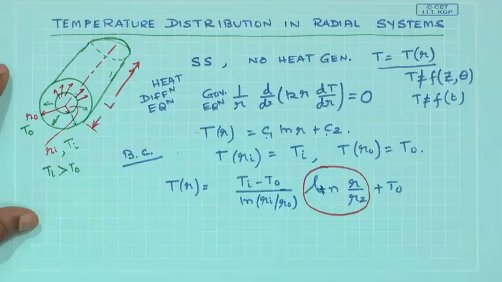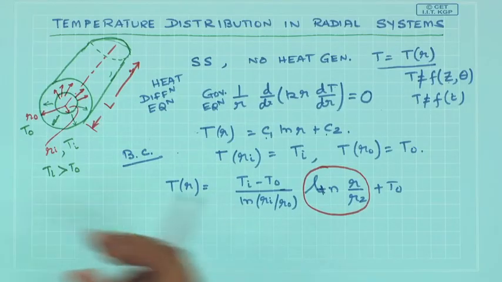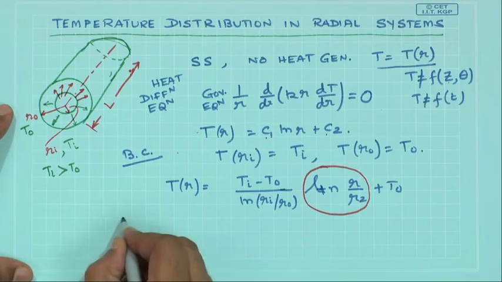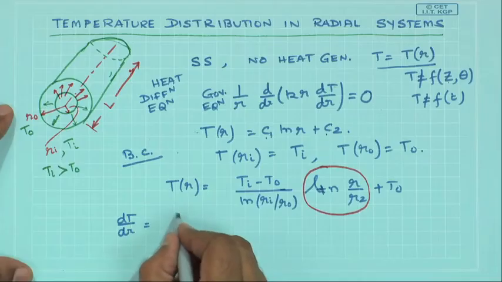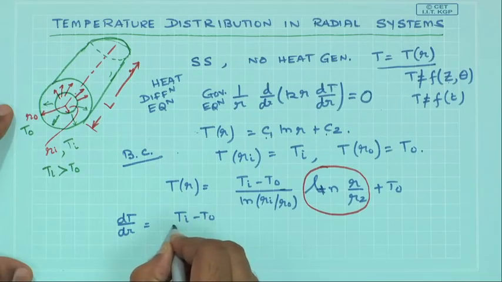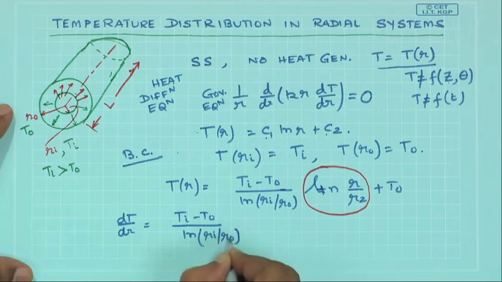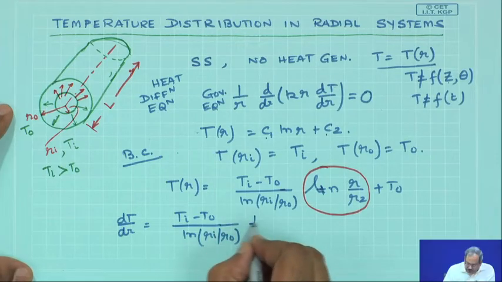So if you look at this equation once again, I can write dT/dr is equal to (T_i minus T_o) by ln(r_i/r_o) times 1 by r.